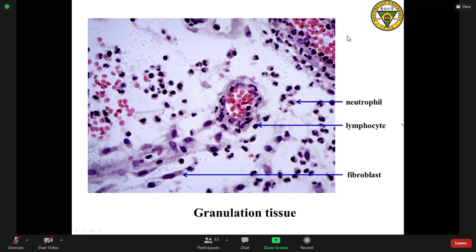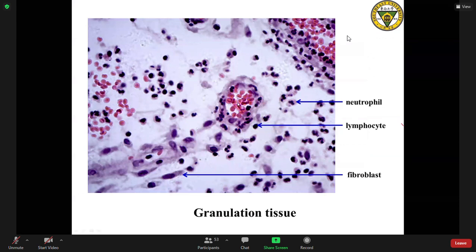Maybe water or albumin or other proteins can exude from the newborn capillary. This area may look empty, but it's not really empty. It may be edema, or maybe collagen, or glycoproteins in this area.